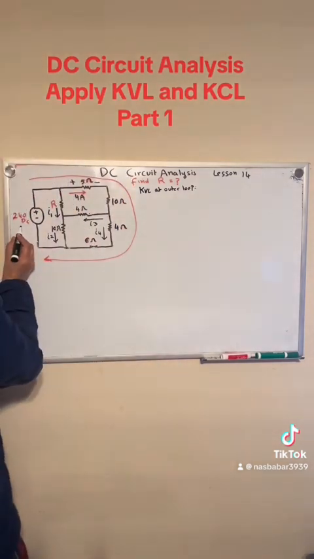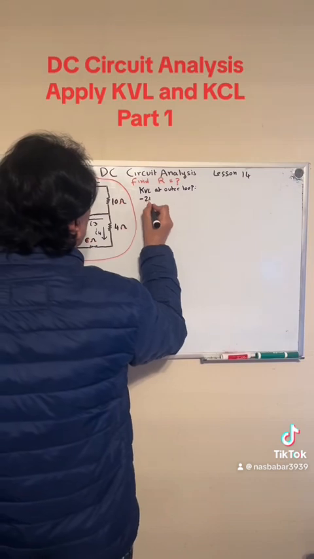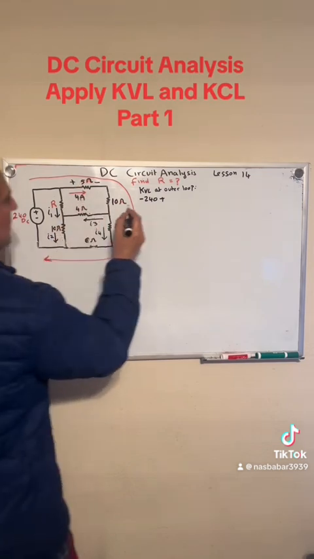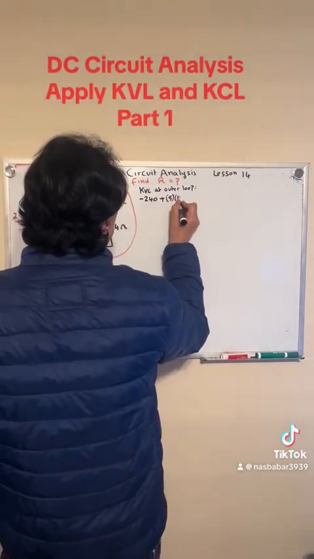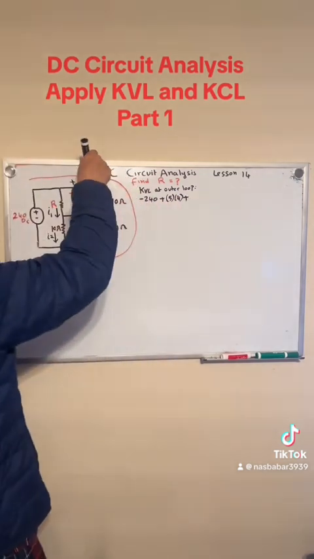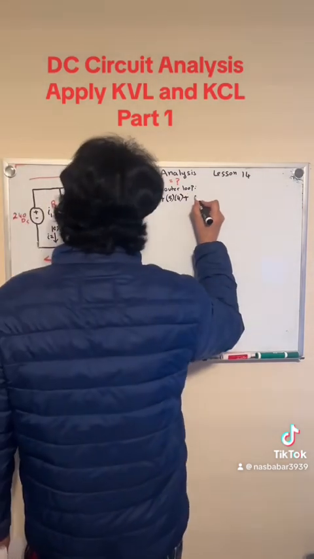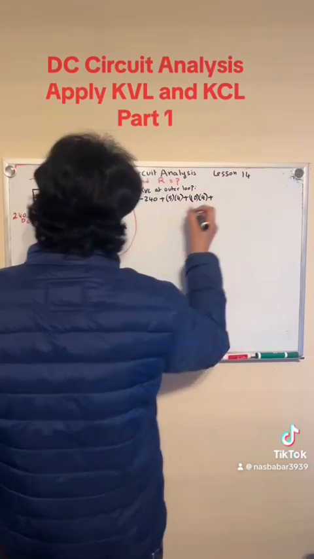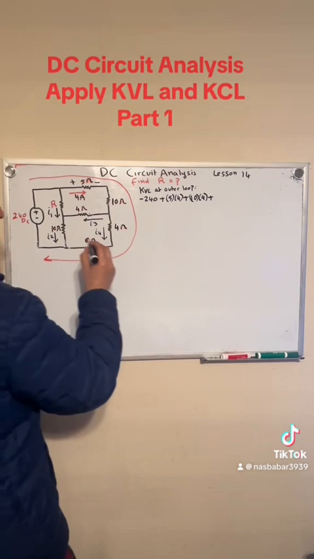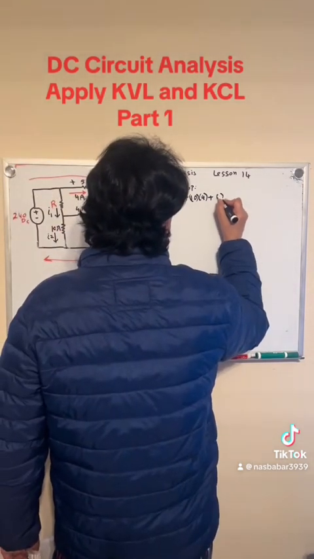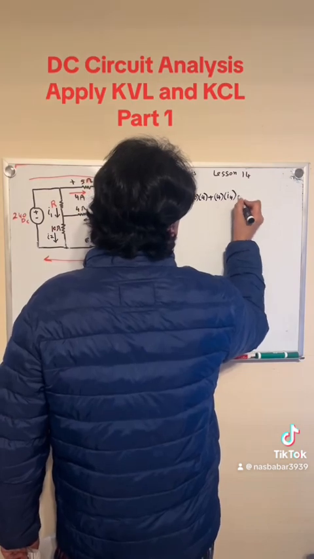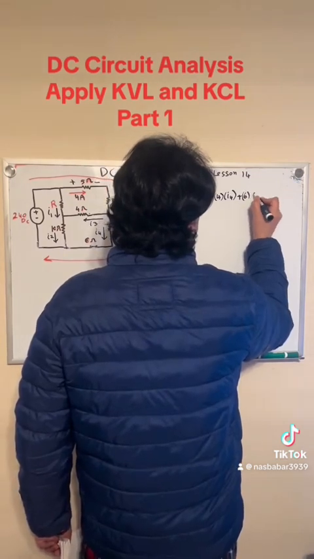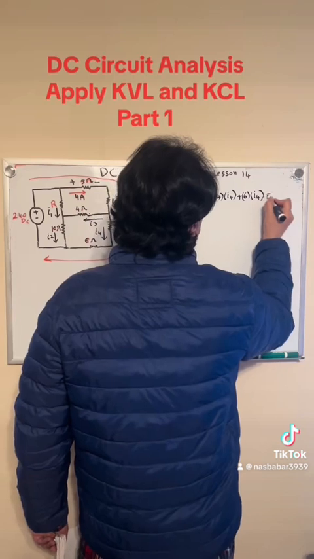Starting from right here, the source is 240, so minus 240, plus, going from plus to minus, V is equal to IR, so 5 times 4, plus the same 4 amp current going through the 10 ohm resistor, so plus 10 times 4, plus I4 going through the 4 ohm resistor, so plus 4 times I4, plus the same current going through the 6 ohm resistor, plus 6 times I4 is equal to 0.